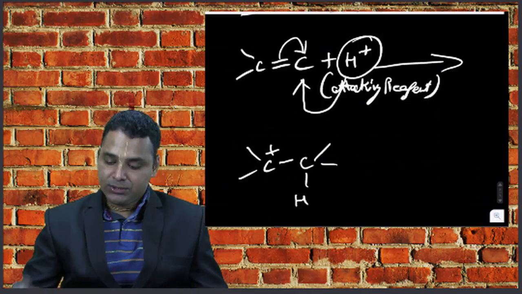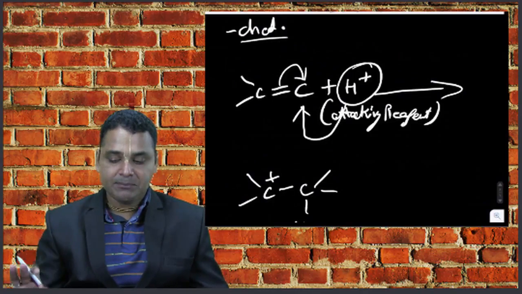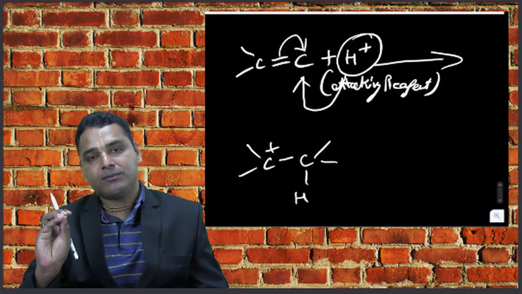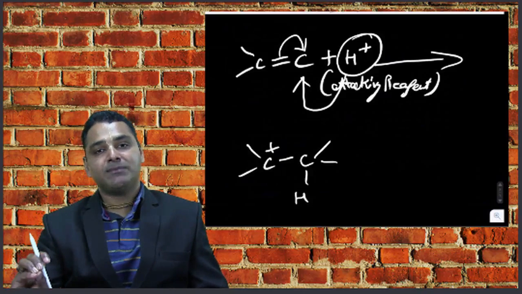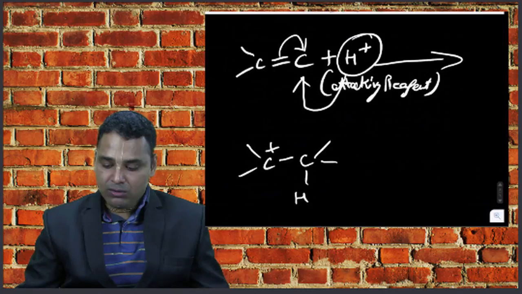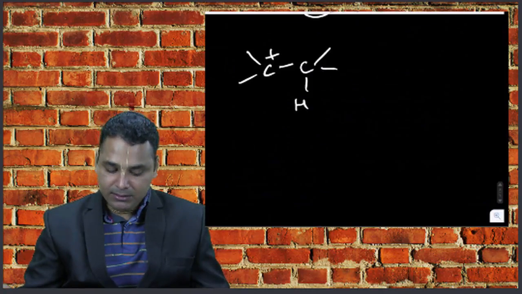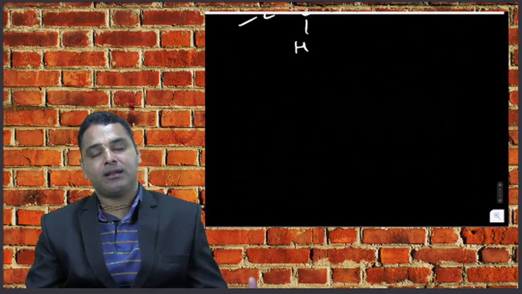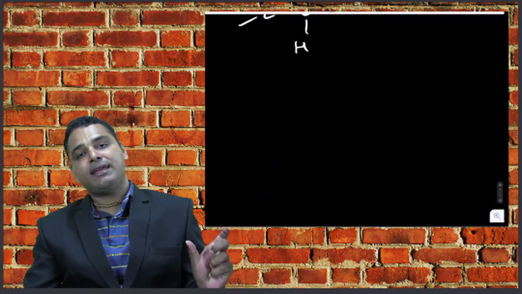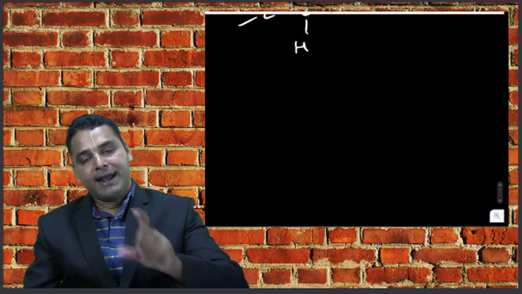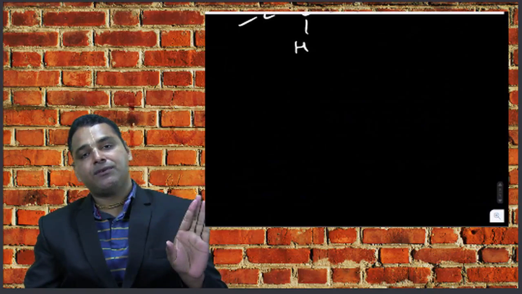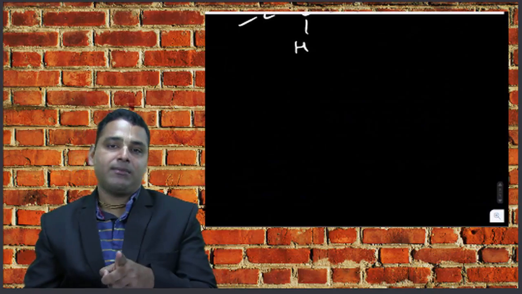Okay, so we have seen this. It's very simple. The electrons got shifted from the double bond to the carbon atom where the attacking reagent has been attached. Now the minus E effect is very simple. The electrons are getting shifted to the carbon atom, but the attacking reagent is not getting attached to that carbon atom. We'll see.